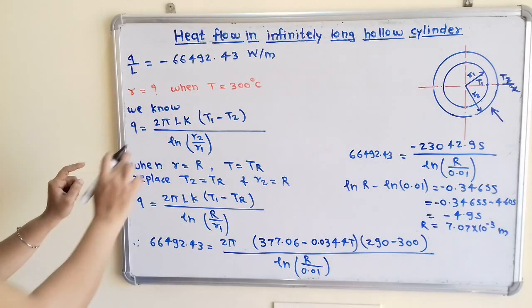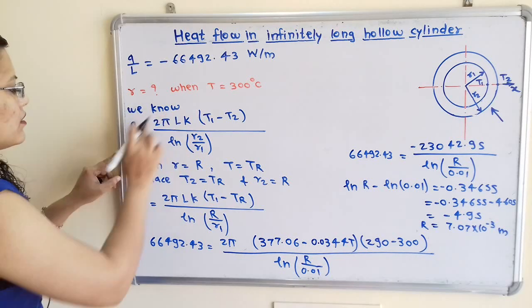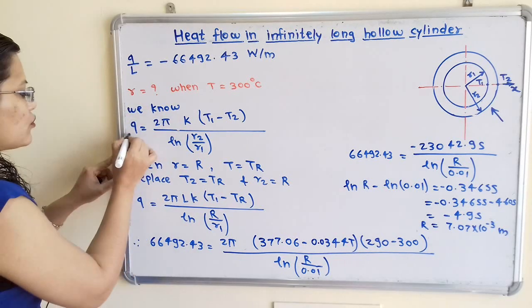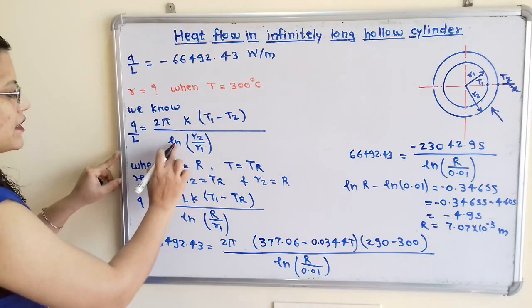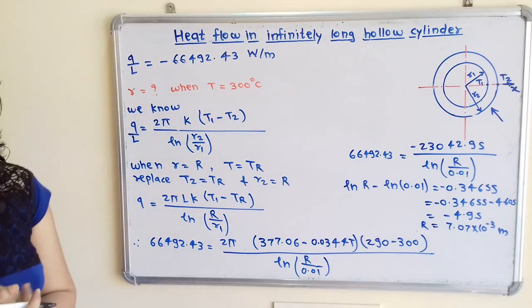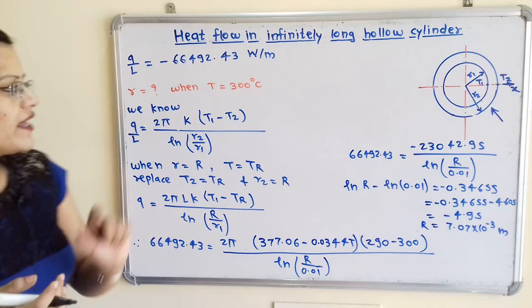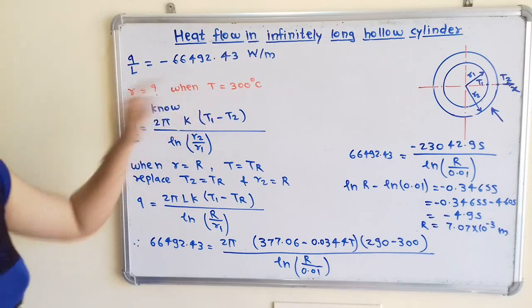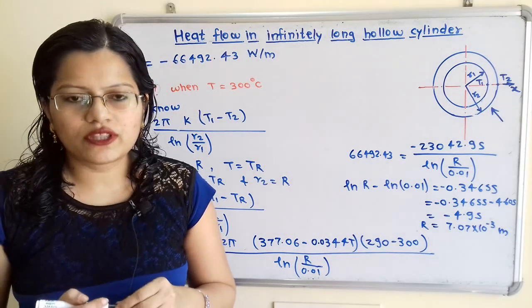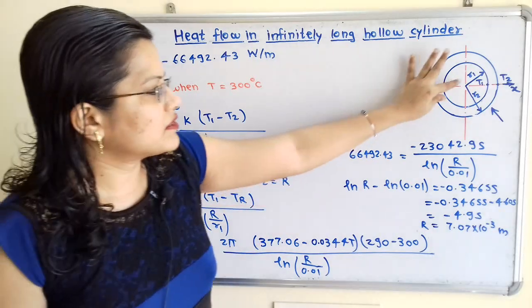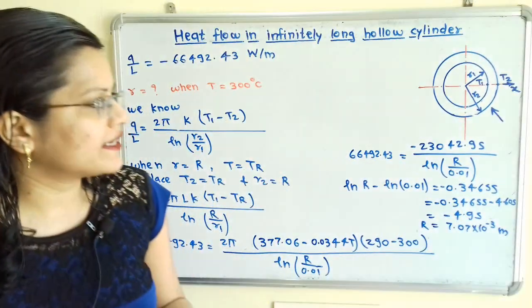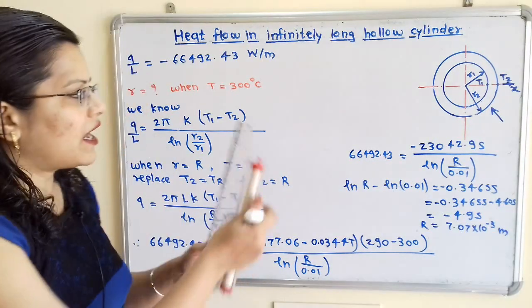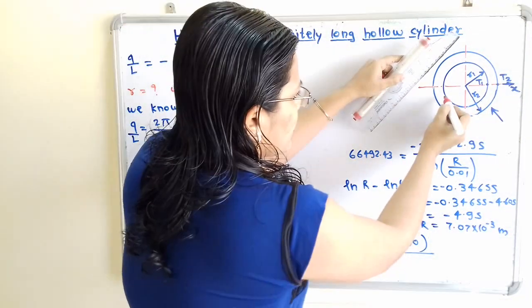So we will transfer this L to the left hand side. So we will get Q by L is equal to 2 pi K (T1 minus T2) divided by ln(R2 by R1). Now we have to find out R when temperature T is given. So for that we will construct one diagram, taking any random radius R in between.